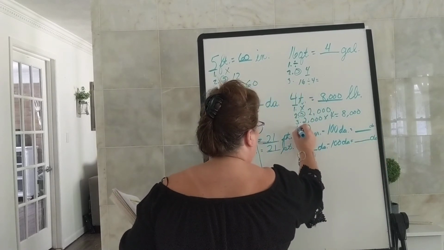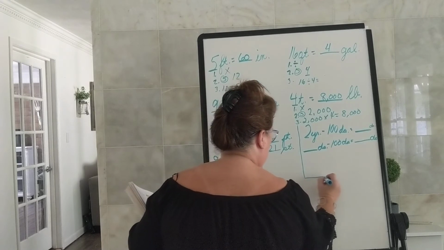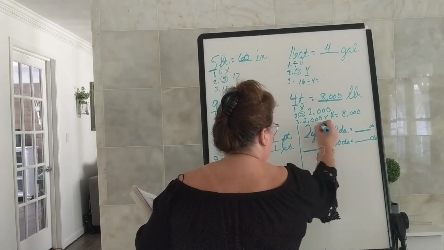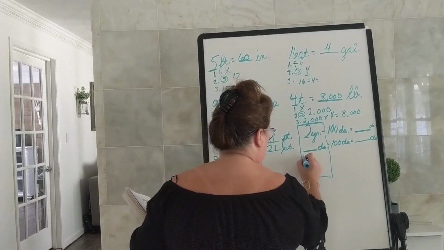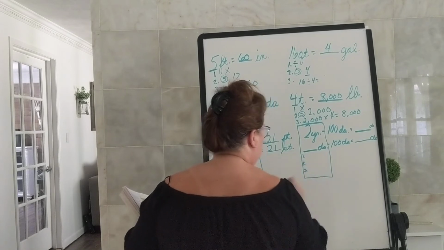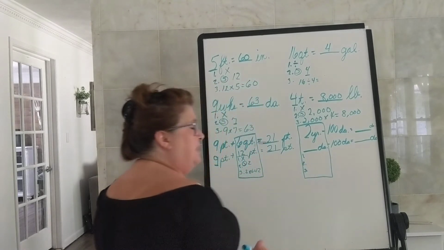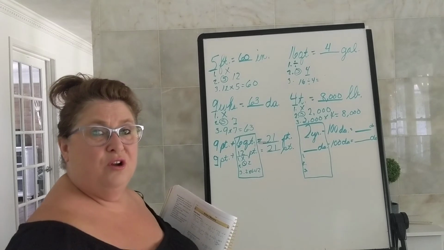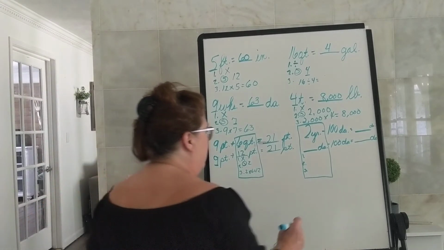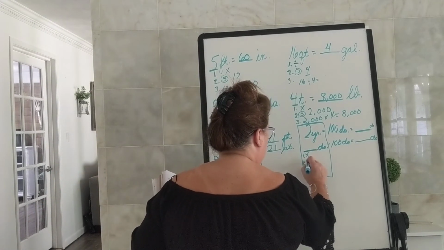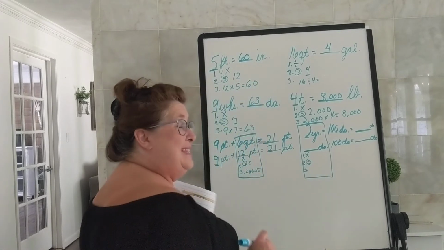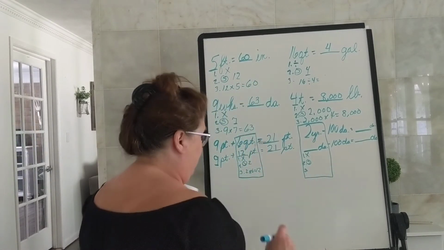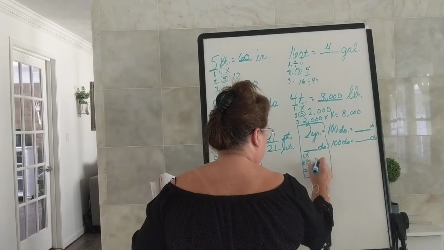So this is where our conversion box is going to be. From 2 years to days. So we have to say 1, 2, 3 steps. That doesn't change. Years to days, is that larger to smaller or smaller to larger? It is larger to smaller, so we will multiply. What's our special number? How many days are in a year? 365.